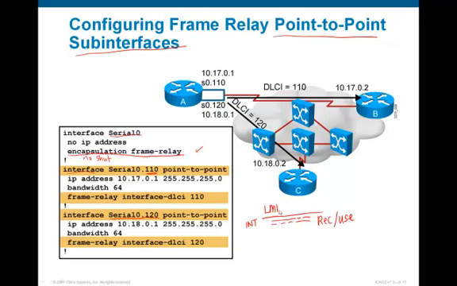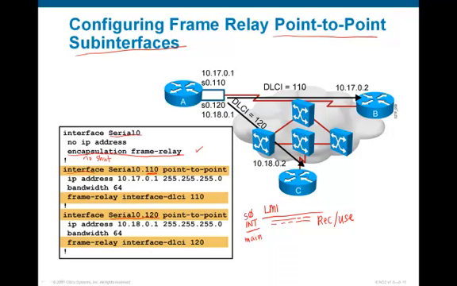But LMI doesn't know what sub-interface to assign the PVC circuit to. LMI only tells you what circuits you can have and gives them to your main interface, your S0.